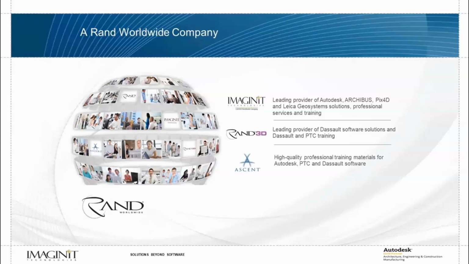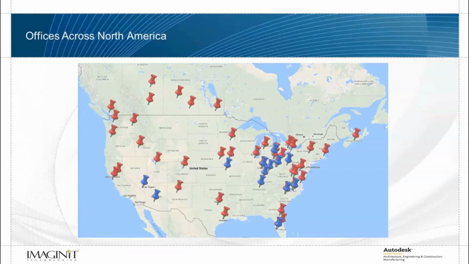I mentioned RAND Imagine It, and you can see we've got a map of these different locations. Even as I was going through this with Cassie, I thought, you know what, this almost doesn't matter right now. We're doing so much remote work. We're dealing with all of these different things that we didn't deal with three or four months ago, when it really mattered that we had a local resource.